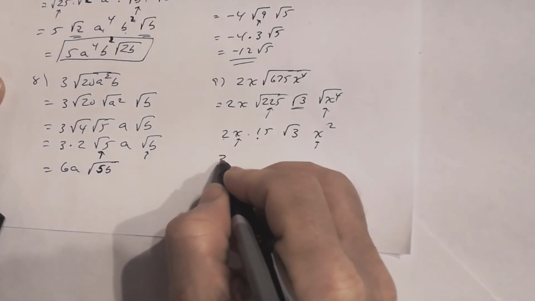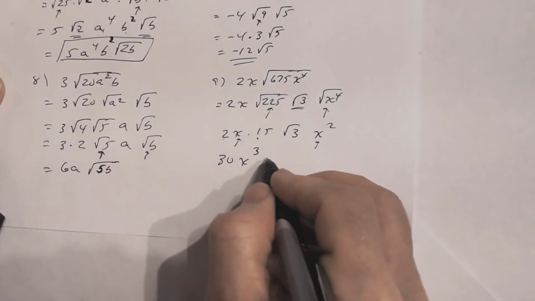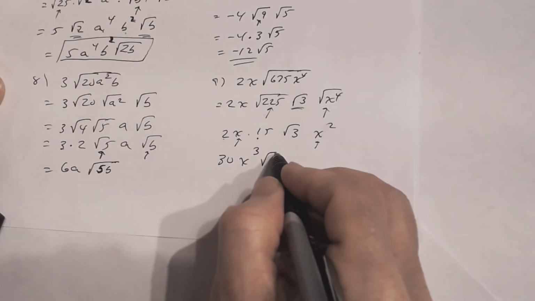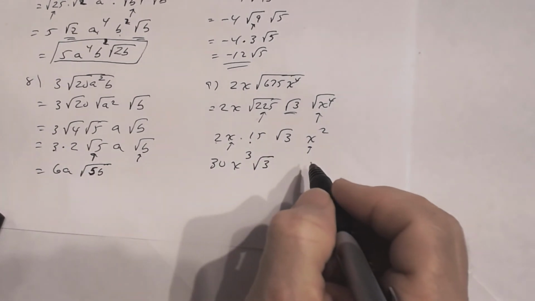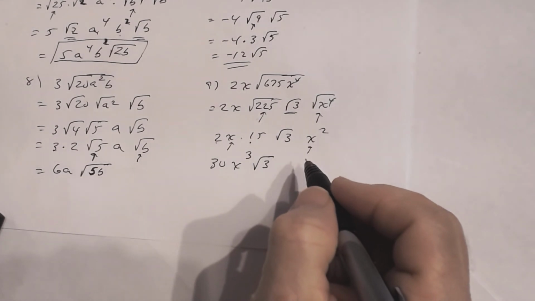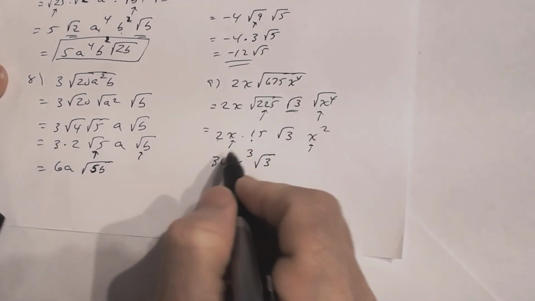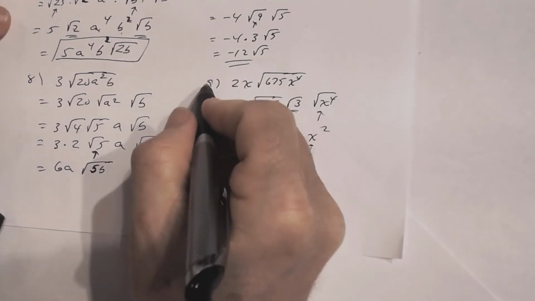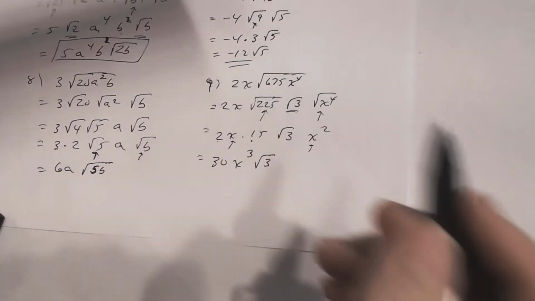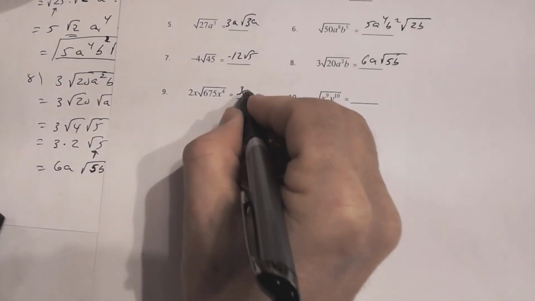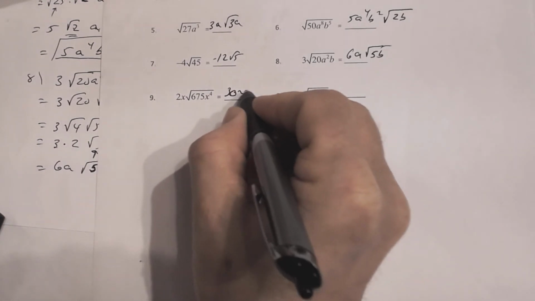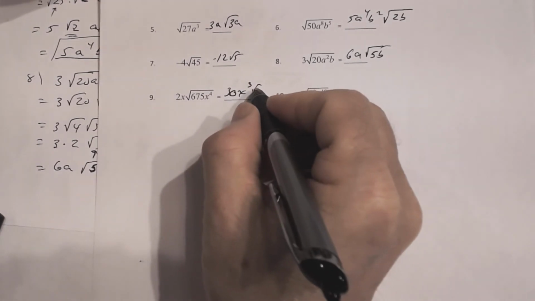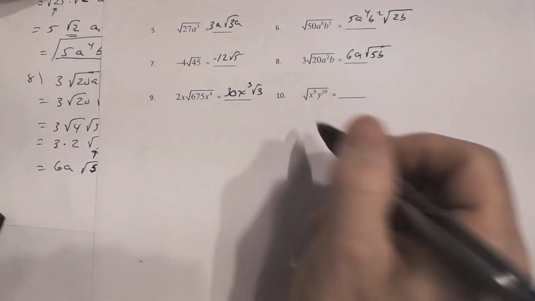So I get 30 x cubed, and then what? Square root of 3. Okay, so 30 x cubed times the square root of 3. All right, so that's the answer to number 9. So 30 x cubed square root of 3.